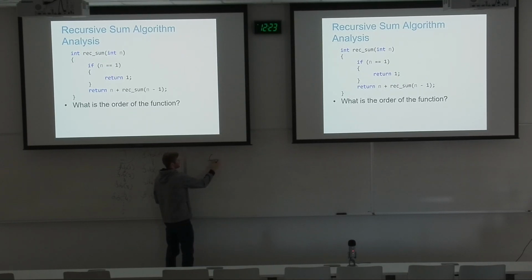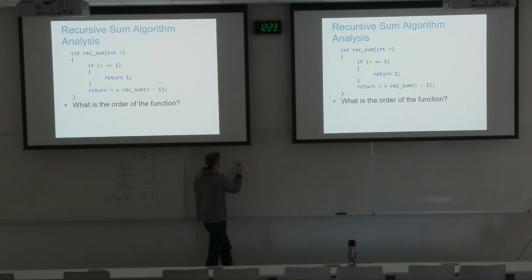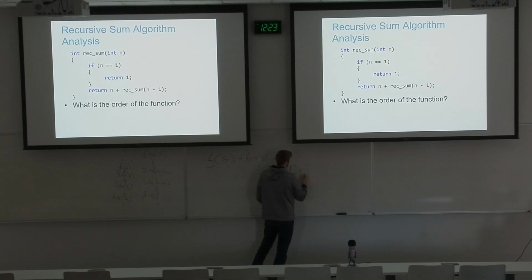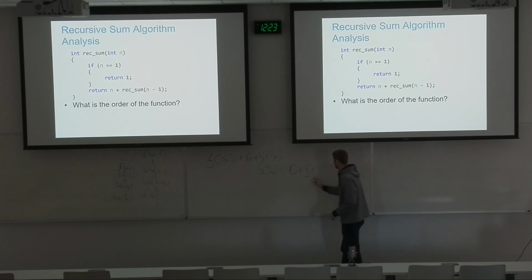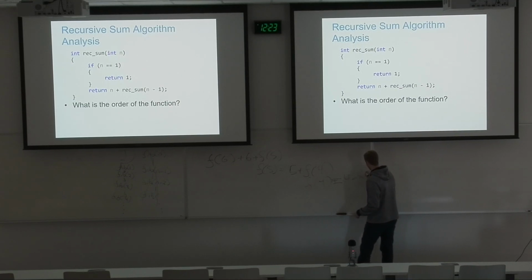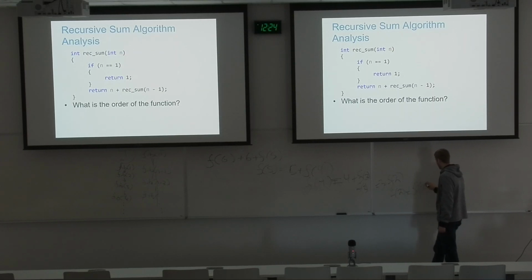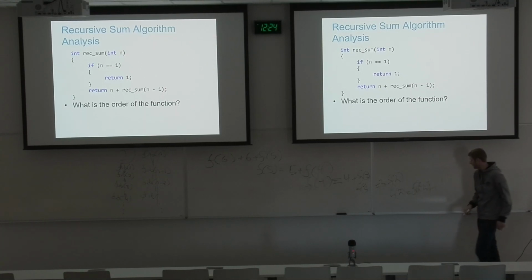I'm just going to call it f for simplicity. f of 6, well, that's going to be 6 plus f of 5. f of 5 equals 5 plus f of 4. f of 4 equals 4 plus f of 3. f of 3 equals 3 plus f of 2. f of 2 equals 2 plus 1, or f of 1, and f of 1 equals 1.